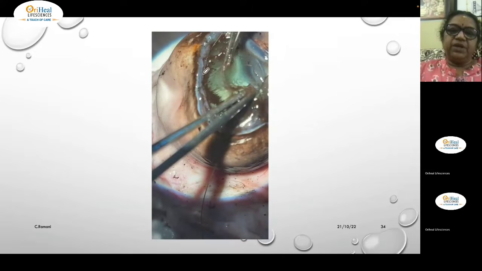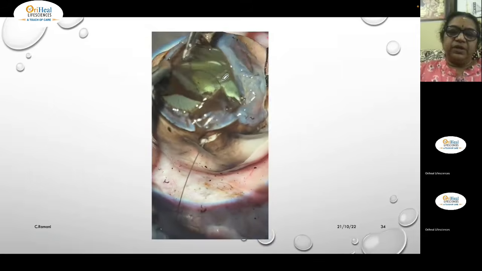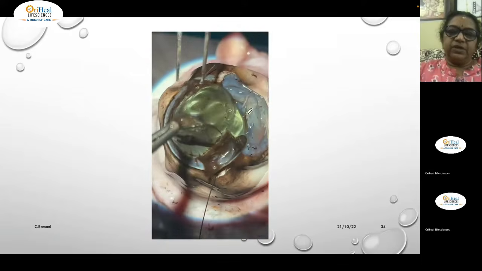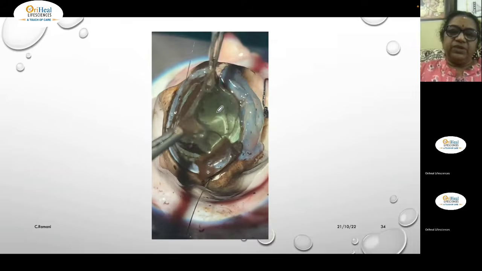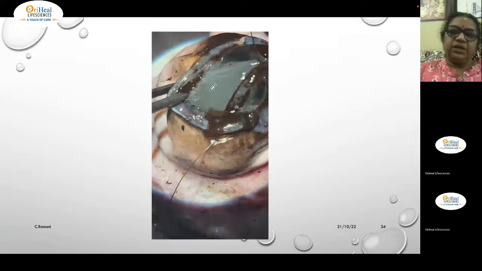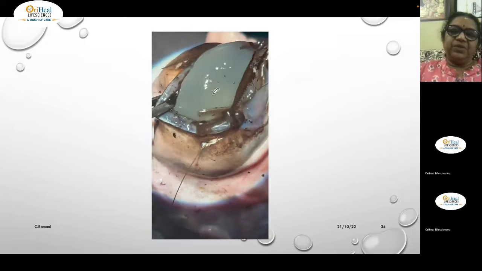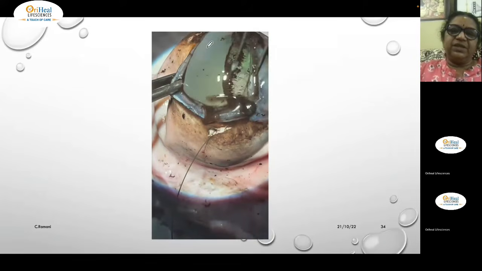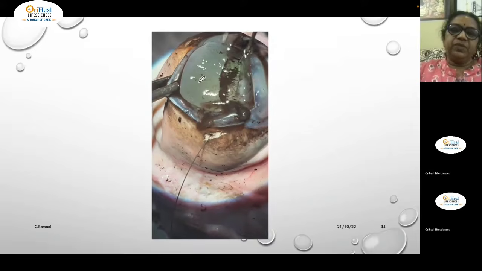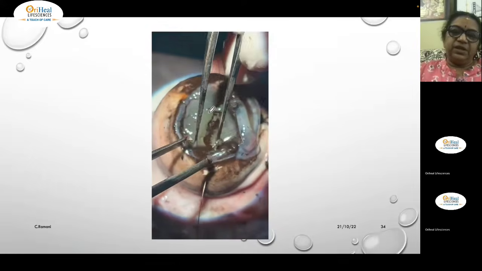You can see the pigmented part here, and this is the vitreous, and you are trying to lift this, and you can turn it around also. Yes, now you can see the structure. Can you see one structure here? That is the retina. This is the translucent area you can see here.